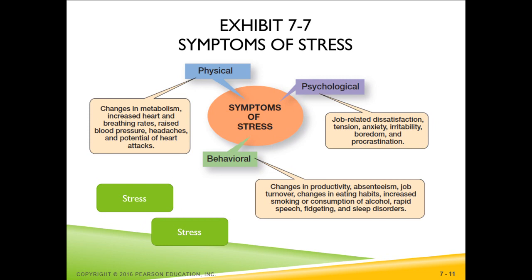Behavioral stress can be seen when a person changes their level of productivity, increases absenteeism, job turnover, changes in eating habits, increases in smoking or consumption of alcohol, fidgeting, or sleep disorder. Have you ever shown any of these symptoms in a job or personal life? What did you do to cope with these stressors?